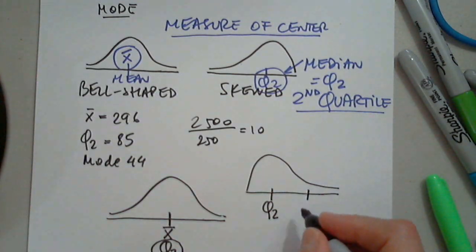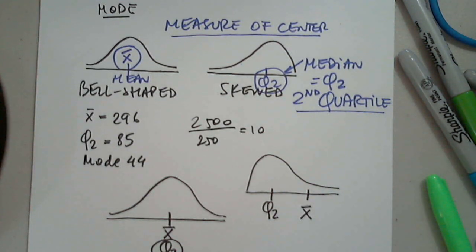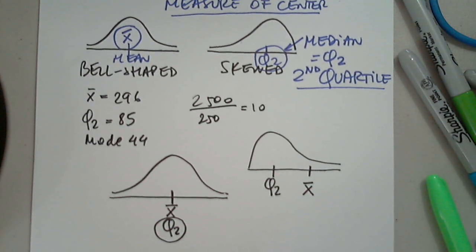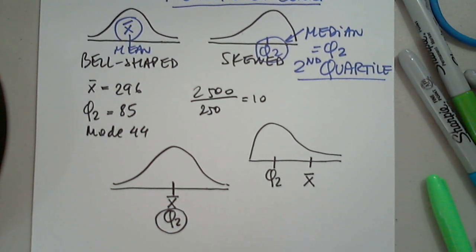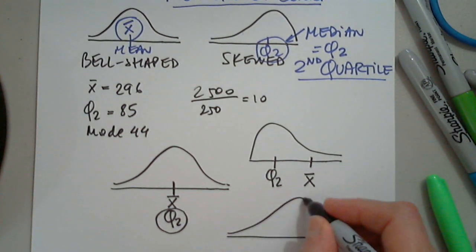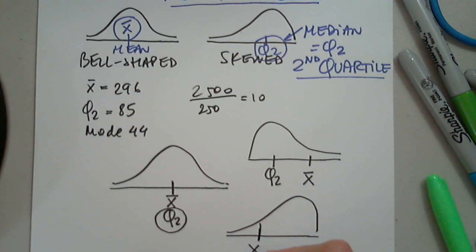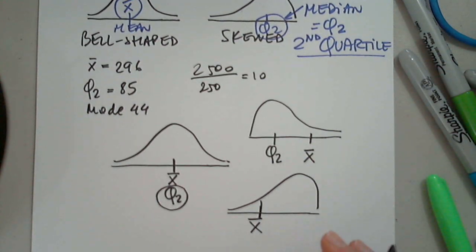The one that gets moved, I'm exaggerating, is the mean. So then the mean is bigger than the median. If it's skewed the other way, the mean is pulled in that direction, and Q2, the median, stays in place. Skew to the right, the mean is higher. Skew to the left, the mean is smaller.